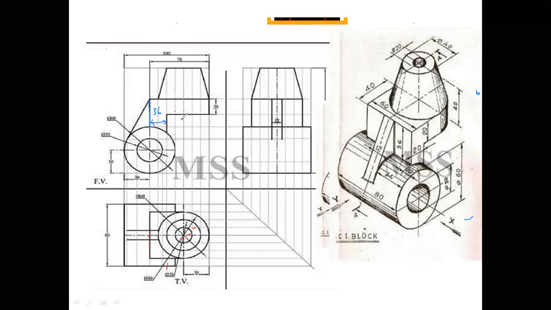After 36, we have to draw the full length of 70. This is 40. After the 40, you have to draw the center line. After this, we go for the extension of 30, and the depth is 20 mm.